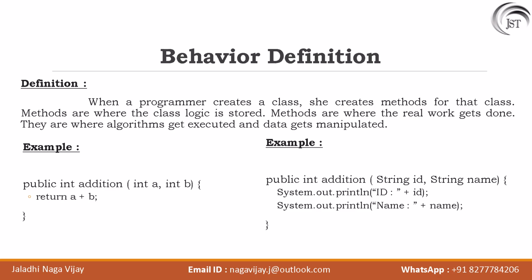Like here also, we need to run the application. We need to create the class. The method is the main part, the heart of the application, that means the heart of the class is a method. Methods and variables: inside the method we write some code.